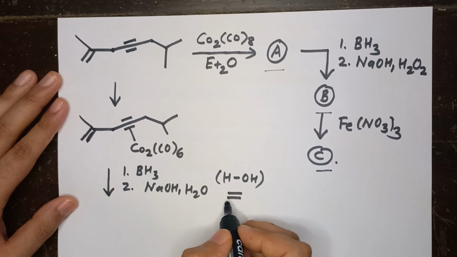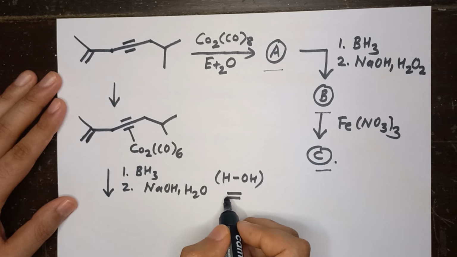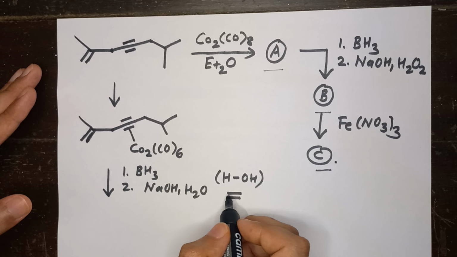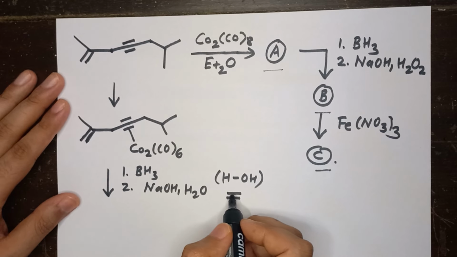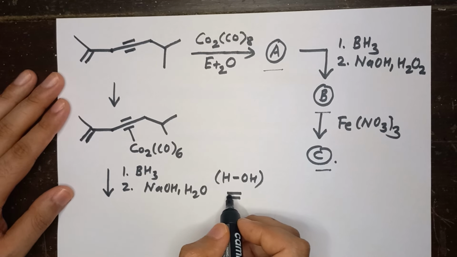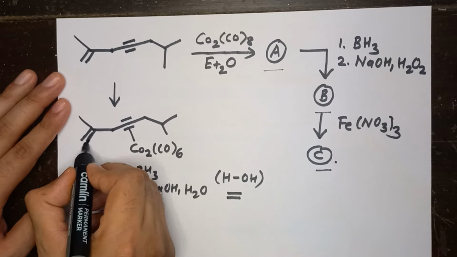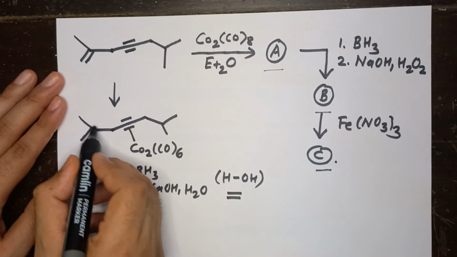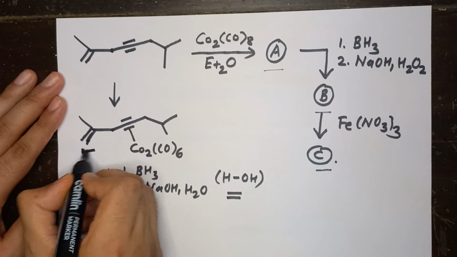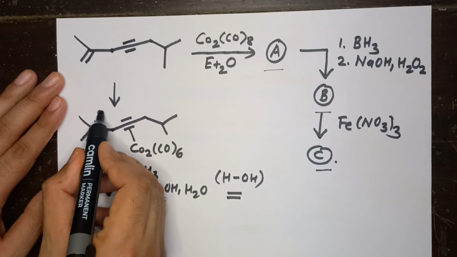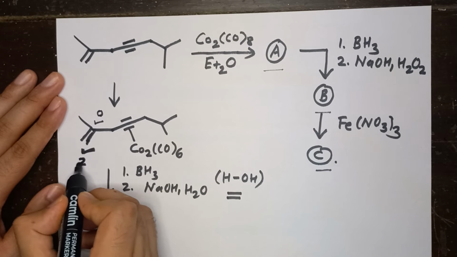What is the anti-Markovnikov rule? You need to add the negative part of the reagent to that carbon which has more hydrogens across the double bond. So across the double bond, we have 2 hydrogen here and we have 0 hydrogen here.